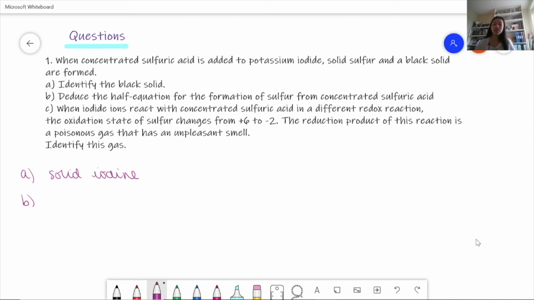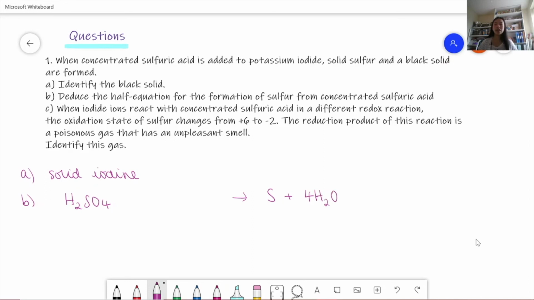So if we start off with sulfuric acid, and then we end up with sulfur, first we need to balance everything that isn't oxygen and hydrogen. So that's already done because we've balanced the sulfurs. And then we add in waters to balance the oxygen. So we need 4 waters.